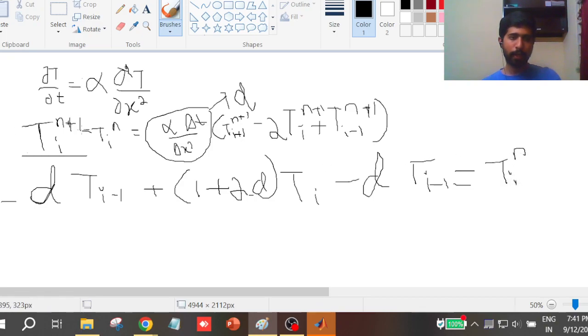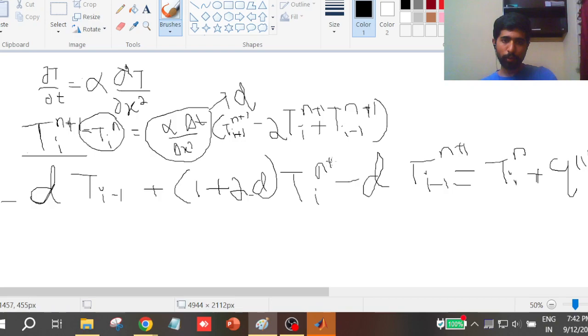This will go on the right hand side. Plus, I don't have anything; if volumetric heat generation is there, I'll get some Q triple dash into delta t also, because delta t I have just put on the right hand side. And these are all at n+1.